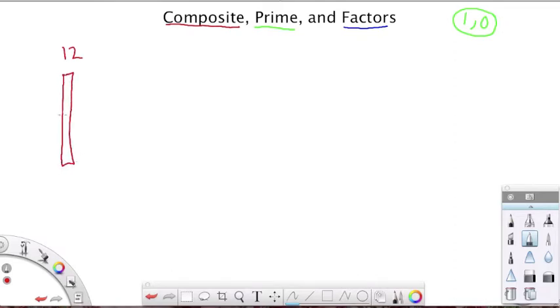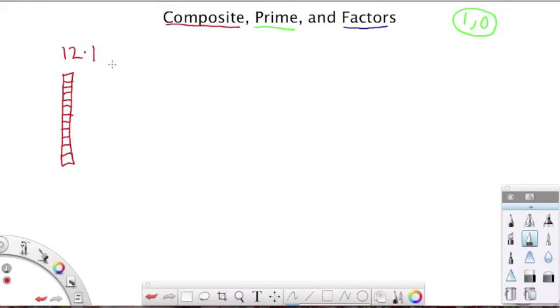Let's do it like this, and then we'll divide this into 1, 2, 3, 1, 2, 3, 1, 2, 3. What we have here is a 12 by 1 strip. That's one dimension of 12.